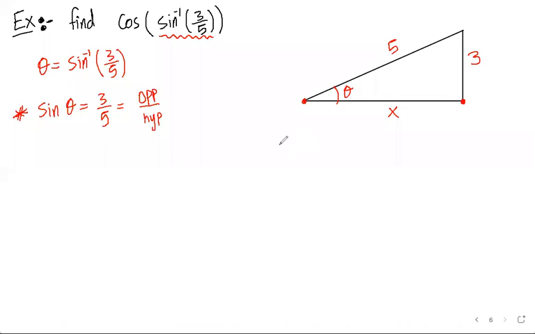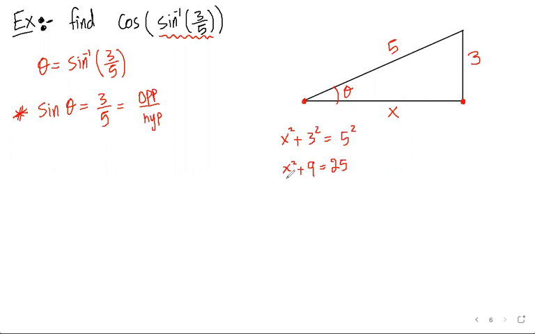It says x squared, this one squared, plus 3 squared equals this one squared, 5 squared. So I get x squared plus 9 equals 25.